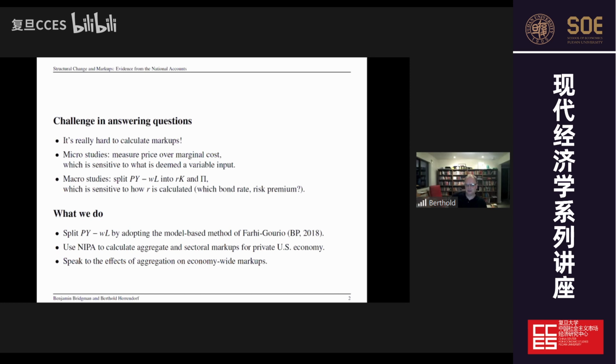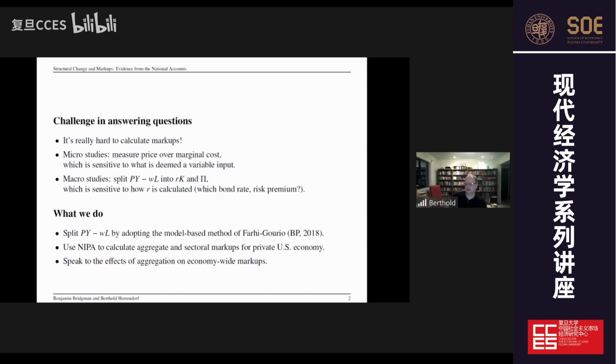The problem is, when you go to the data, this is very sensitive to what you think is a variable input that affects your marginal cost. Think about it like this. Some things, like capital investments, you put in place maybe for half a year or a year only. So if you have a short horizon, like a few weeks, then this is a fixed input.